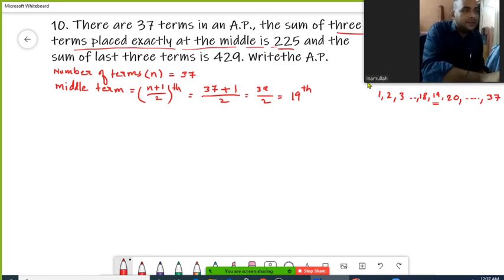So basically the question talks about these three terms: the 18th term, 19th term and 20th term.